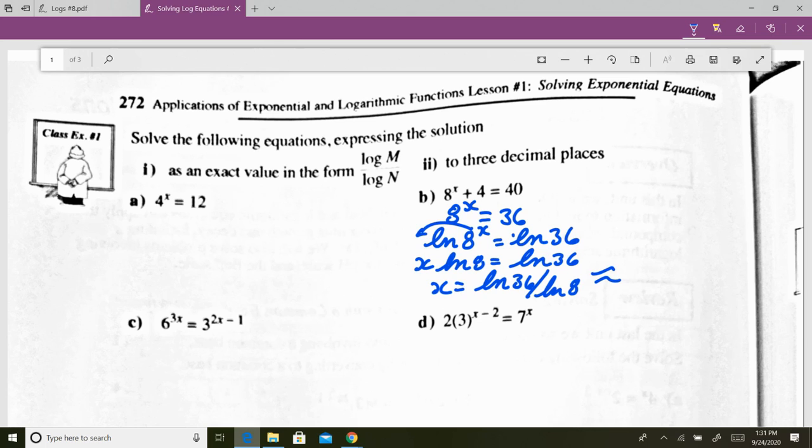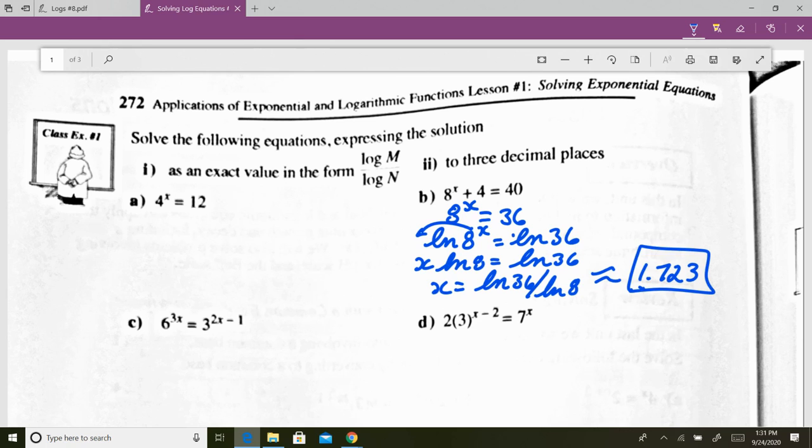I don't know what that is. That would be the exact value answer. If you're doing the approximate answer, you're going to get 1.723. Okay?